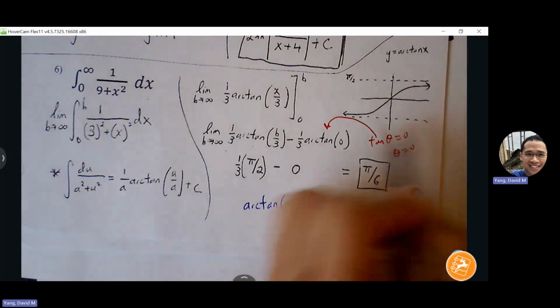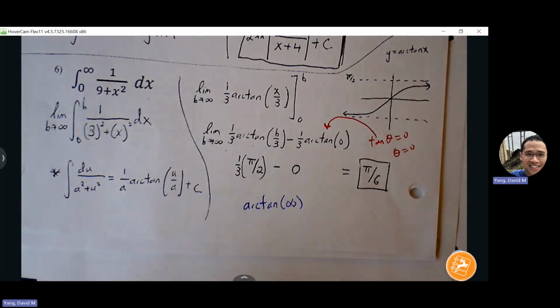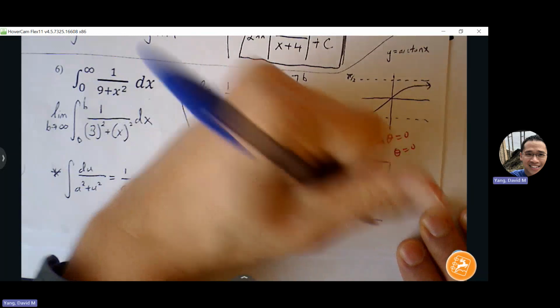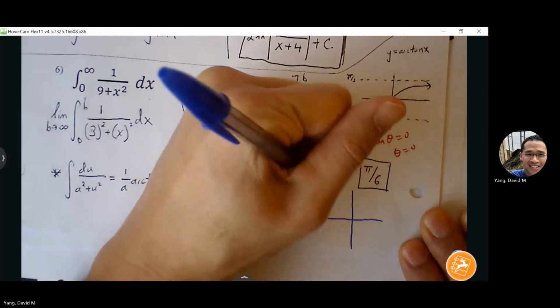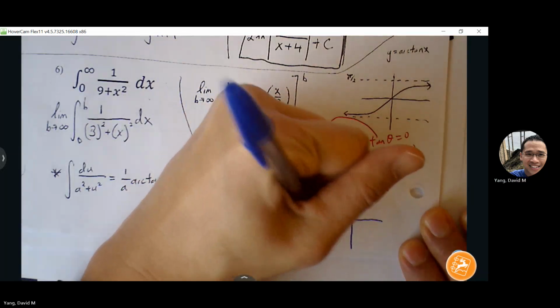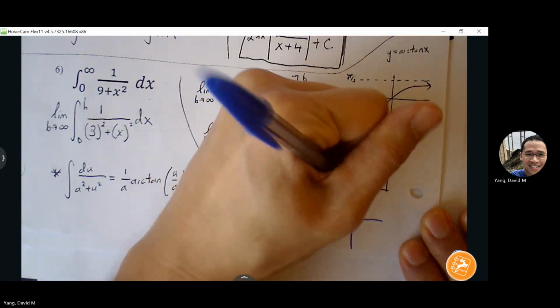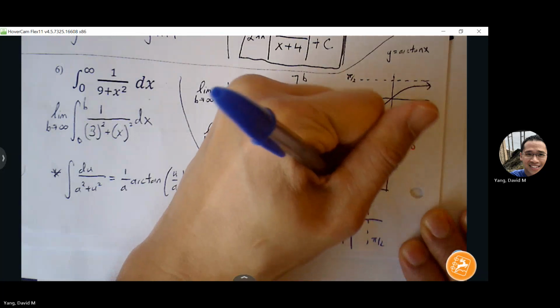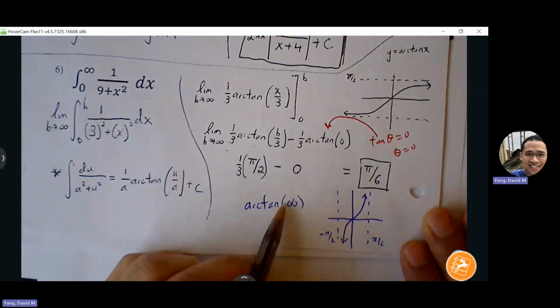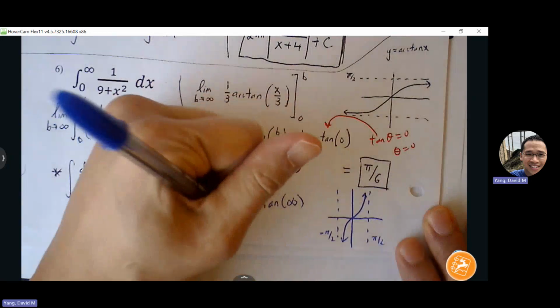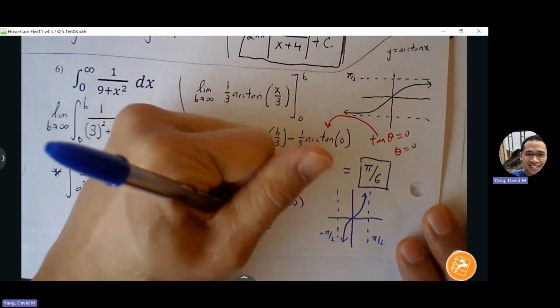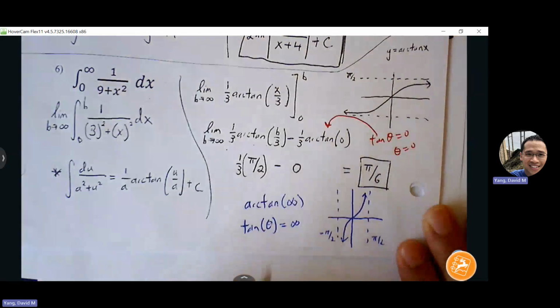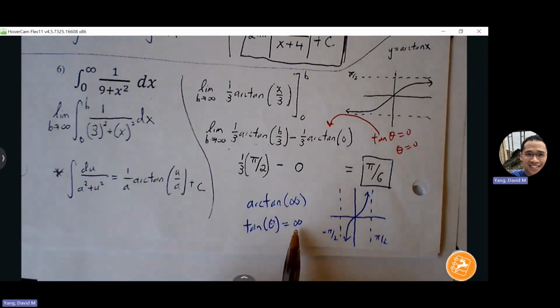But even if we didn't know this graph, let's say we only knew what the tangent graph looked like, we can still arrive at the same conclusion. So arctangent infinity is basically saying tangent of what theta value is equal to infinity. What theta value will allow tangent to go to infinity?